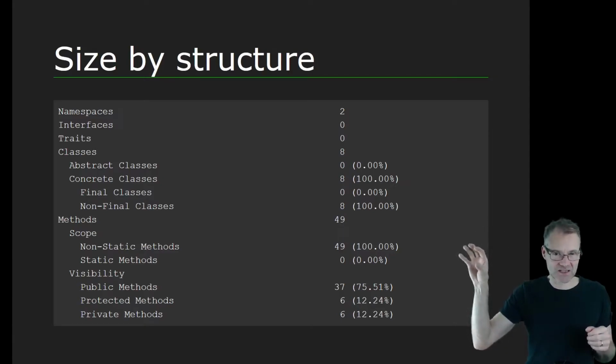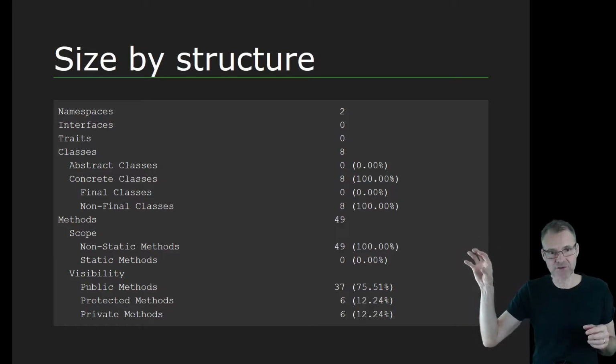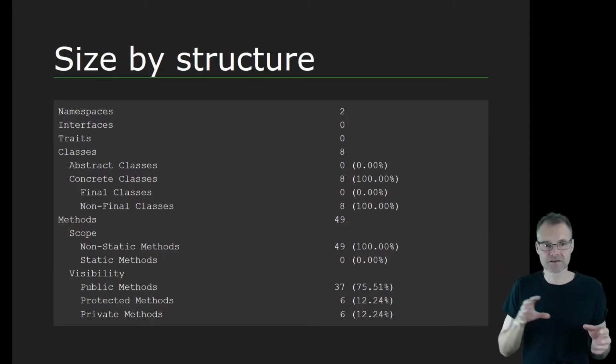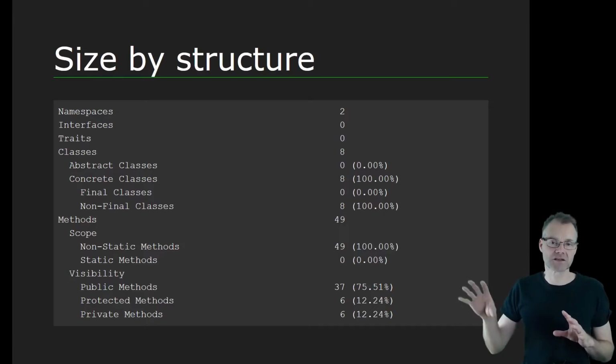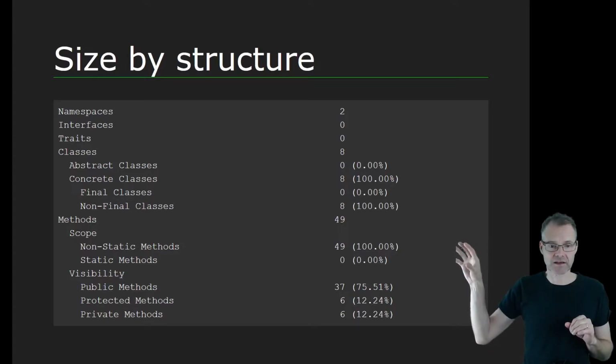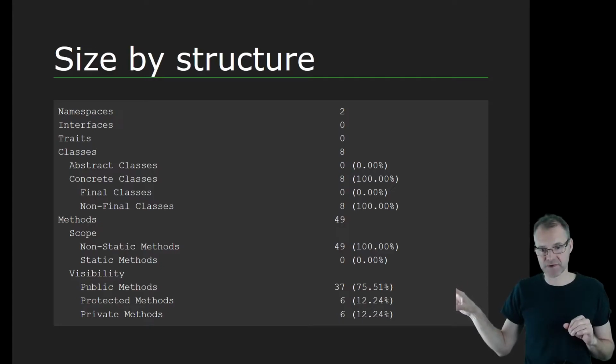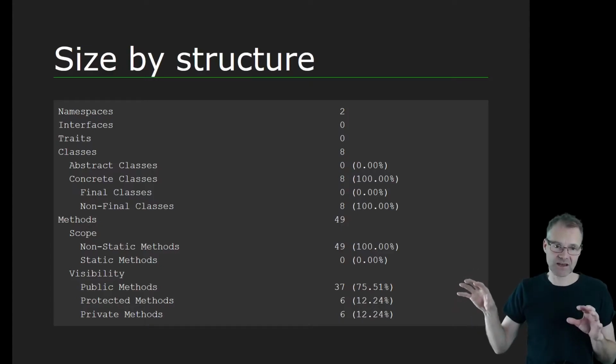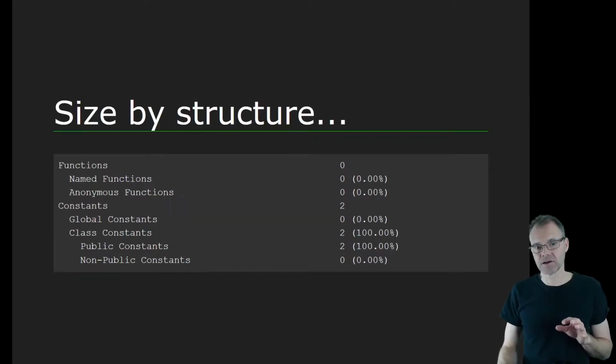So this view, when you divide size into structure, will look a bit different depending on your programming language. Non-static methods 49, public methods, private methods. Okay, so we get a feeling on how the code is organized by reviewing it like this, using size by structure.